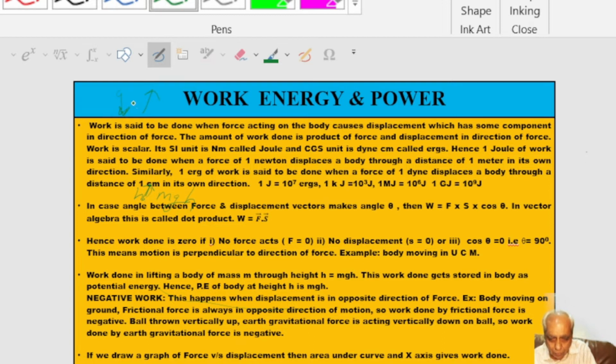Therefore, if the ball goes to height h, work done by gravity would be minus mgh. Because the earth is pulling it down and the ball is going up, you should always say work done by which force. Work done by the gravitational force of the earth is negative.